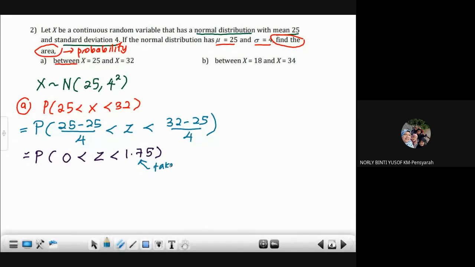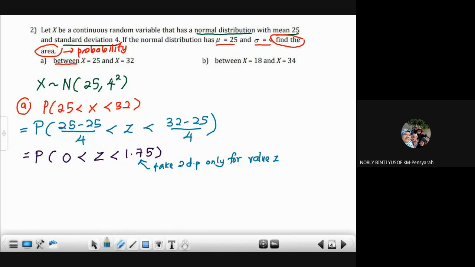Take 2 decimal place only for Z value. Untuk yang kali pertama lah belajar normal untuk score Z standardized. Kalau kat sekolah, kalau kat AMAT pun sama, cikgu you bagi tahu ambil 2 saja walaupun you dapat actually more than 1.75. Maknanya banyaklah dia punya decimal point, tapi kita ambil 2 saja. So that kita boleh baca dekat kita punya table.